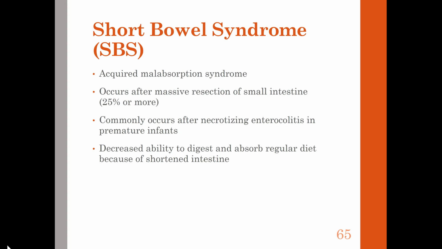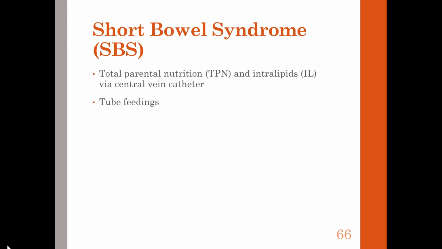So it is an acquired malabsorption syndrome. It occurs after a massive resection of the small intestine, about 25% or more. Again, it more commonly occurs in premature infants, and it leads to a decreased ability to digest and absorb a regular diet because of the shortened intestine.